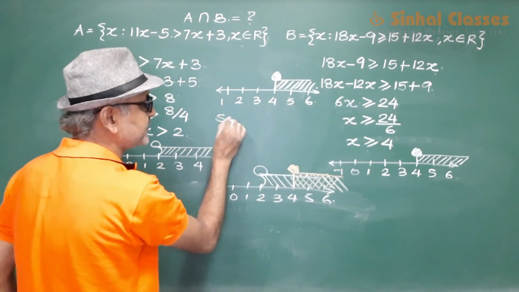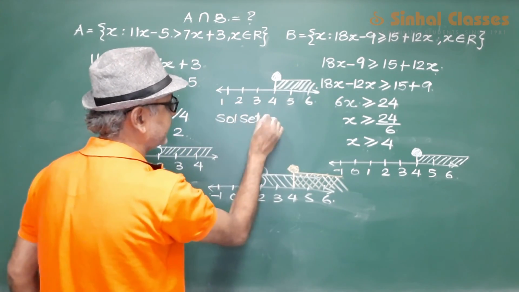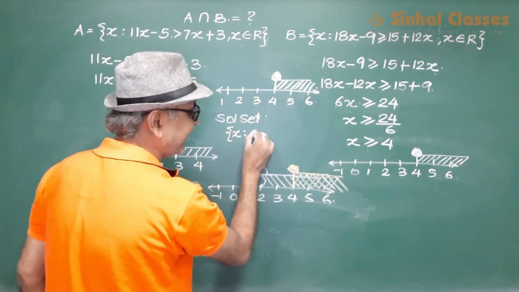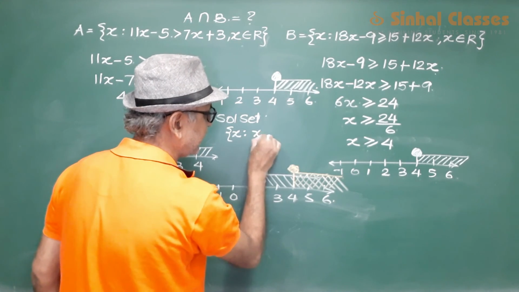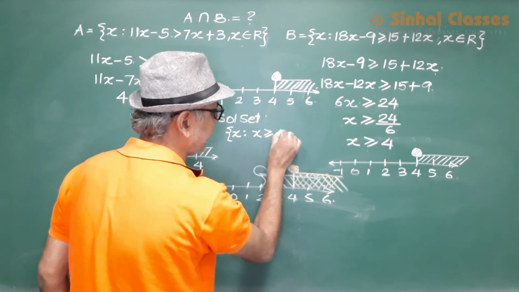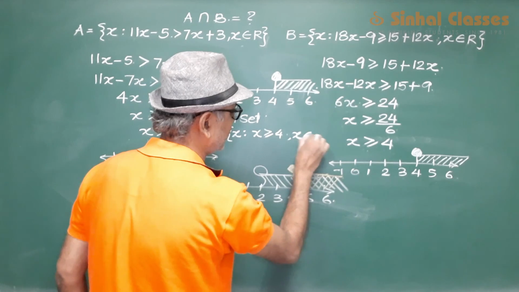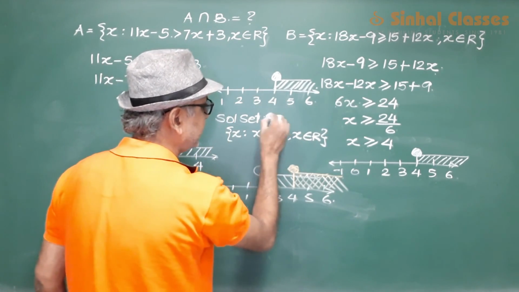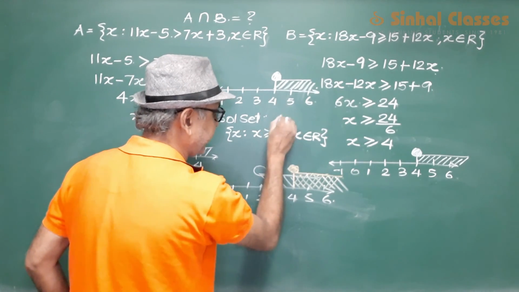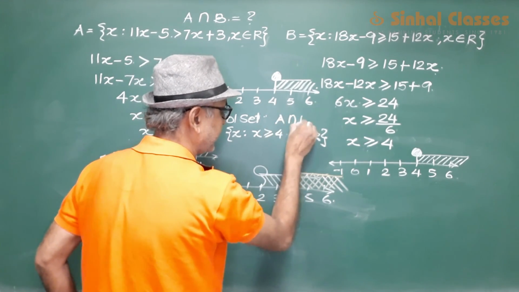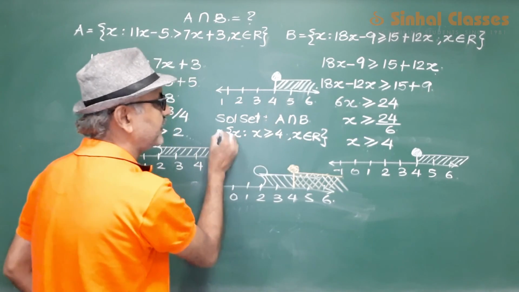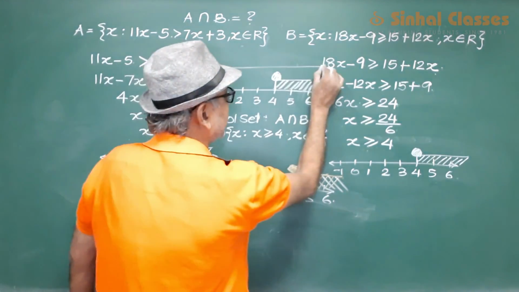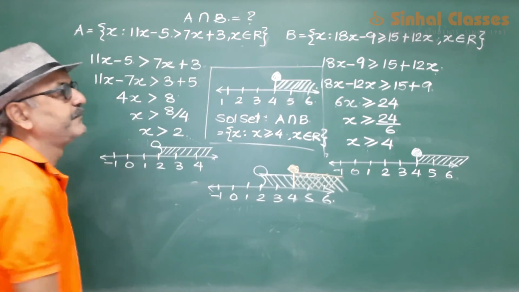So we'll write the solution set as x such that x is greater than or equal to 4, x belongs to real numbers. This is your solution set for A intersection B. Guys, this is your final answer for the given sum.